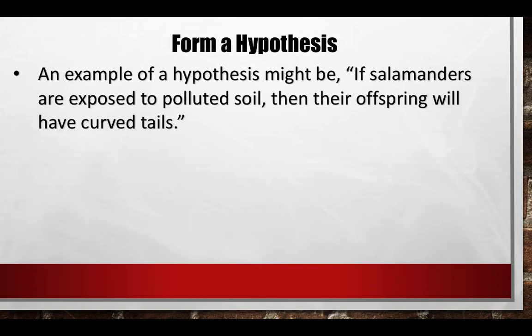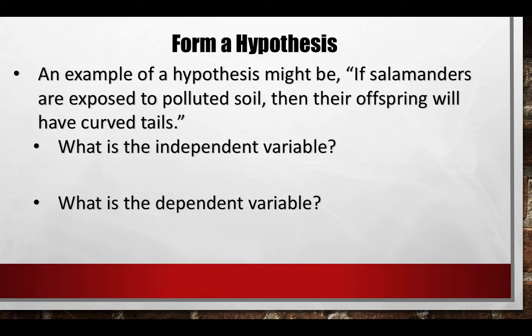Okay? So let's think about what's going on here. First of all, what is the independent variable? And then what is the dependent variable? So let's think about it. What is the scientist changing? And then what depends on the thing that is changing?